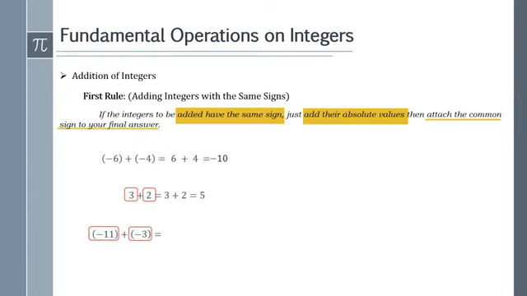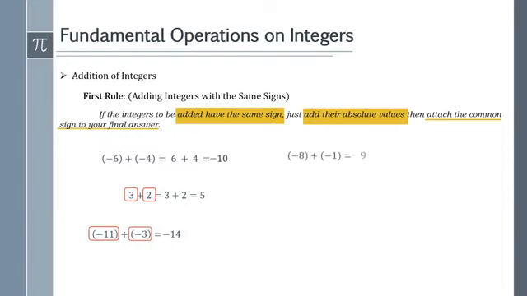The absolute value of negative 3 is positive 3. So, you add 11 plus 3. That is equal to 14. But there is something else, class: attach the common sign to your final answer. So, what's the common sign? The common sign is negative, right? Since the common sign is negative, you attach negative to your answer. So, negative 11 plus negative 3 is equal to negative 14.